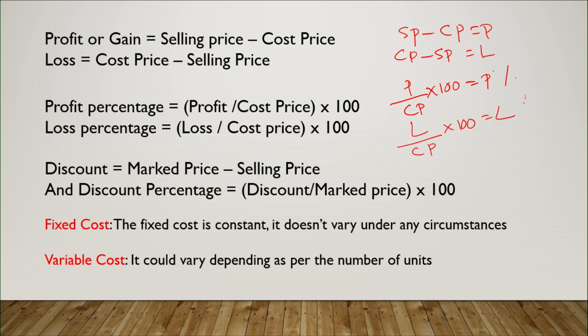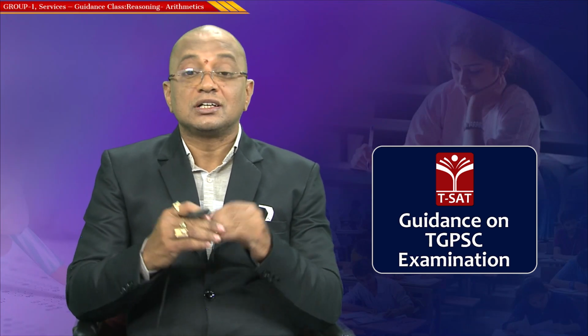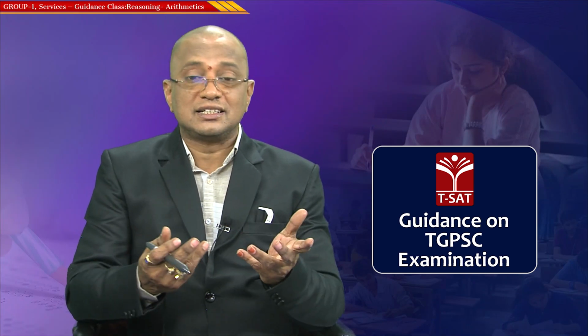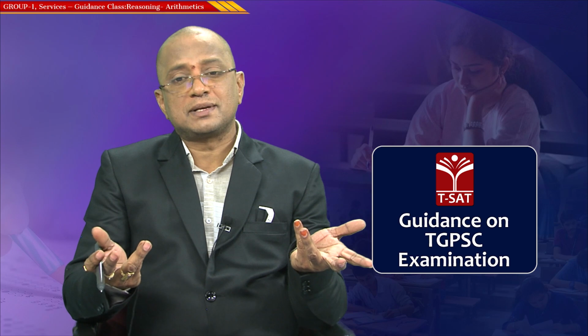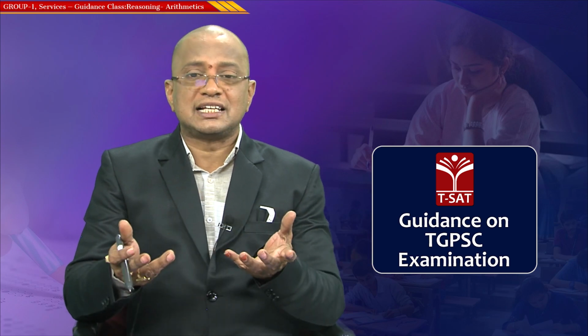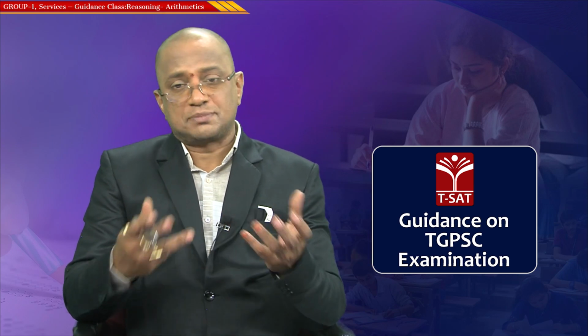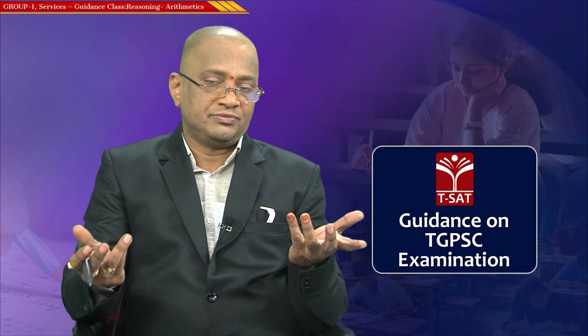Loss percentage is loss divided by cost price into 100. Is it clear? In this manner, you can calculate loss percentage and profit percentage. For both values, you have to calculate with respect to cost price, because profit or loss depends on cost price. If the cost price is more than the selling price, it is a loss; if the cost price is less than the selling price, it is a profit.